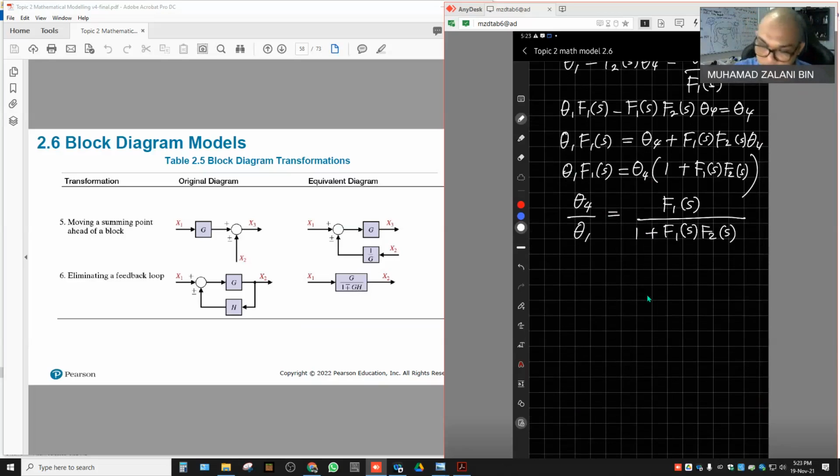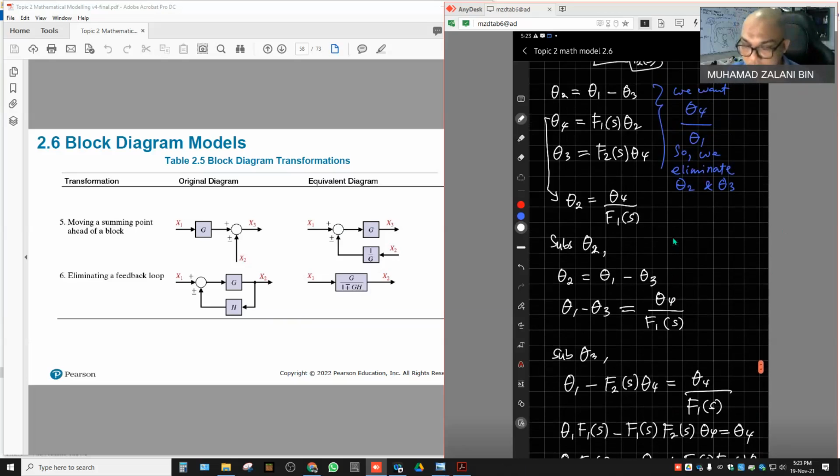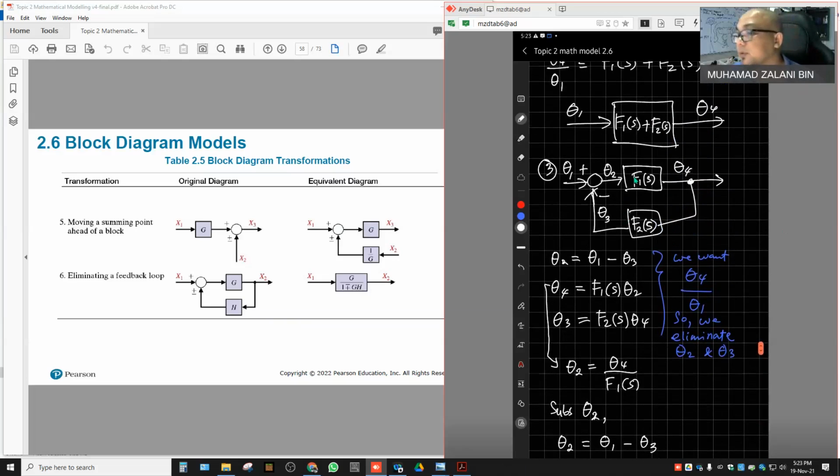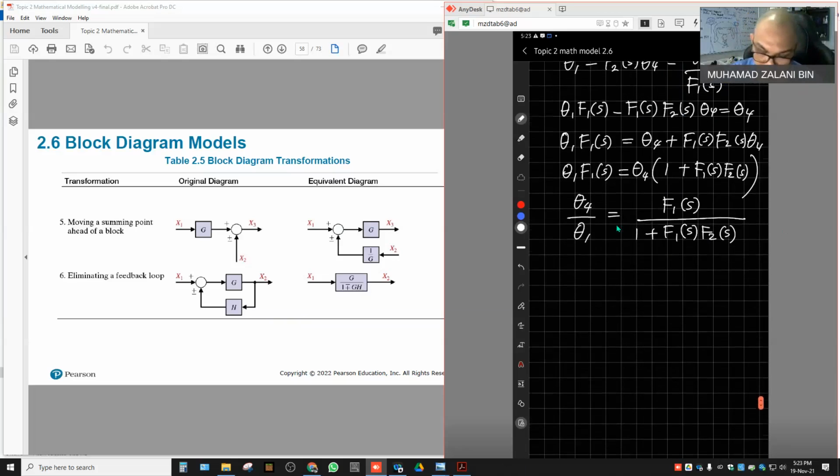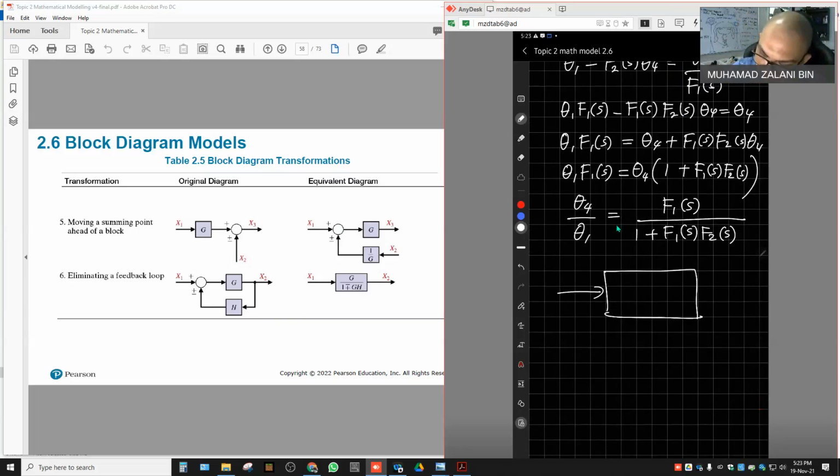So simply, this ratio is the new transfer function of a single block, the block with feedback. So I can redraw this again with just a single block. Okay, input and output. Output is theta 4, input is theta 1.